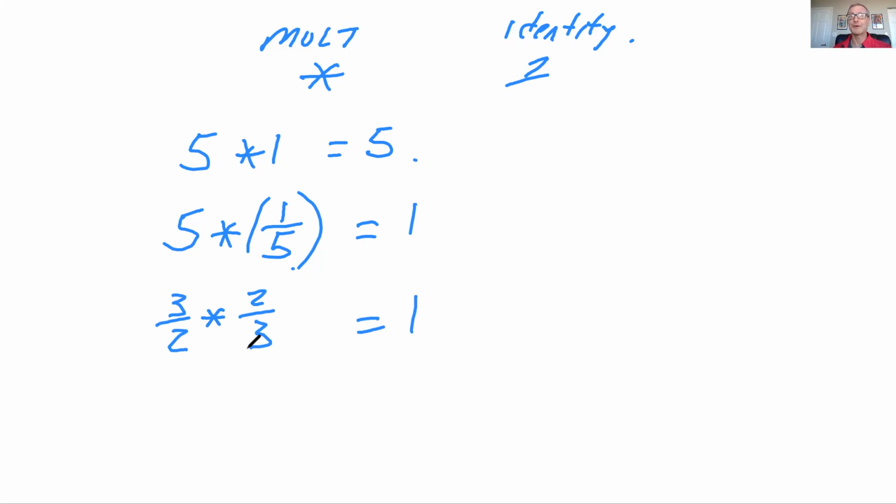So what do we do with functions? Well, the function operation is the f of x part of it. Remember we were doing the composition? That's why we introduced that.